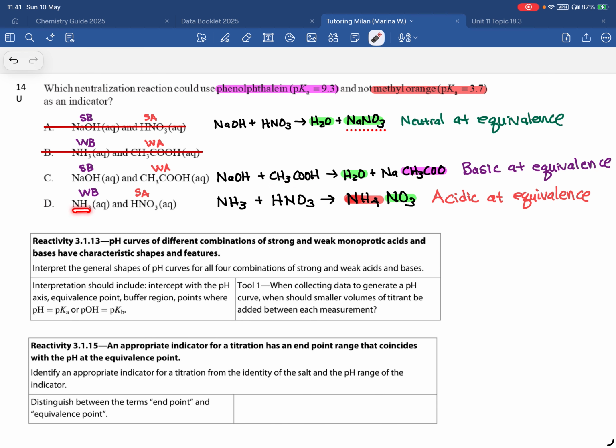The weak base becomes the salt of a weak base, which is acidic at equivalence, which means that it will be caught with both methyl orange and phenolphthalein. So of course, as we already know, the answer is C.